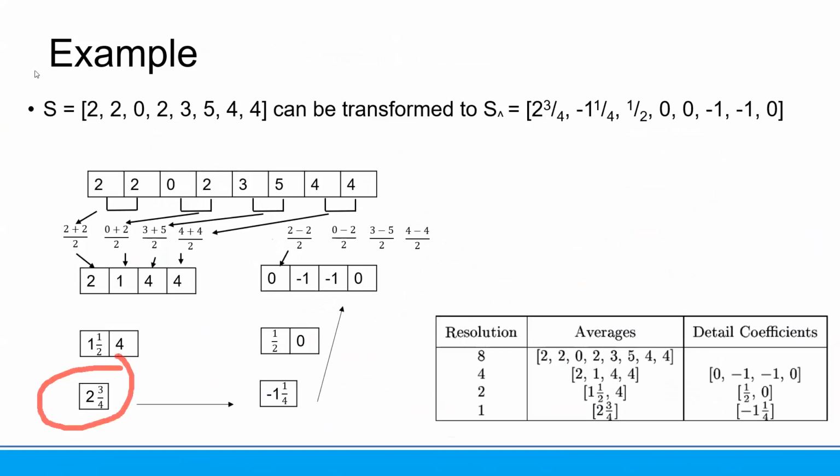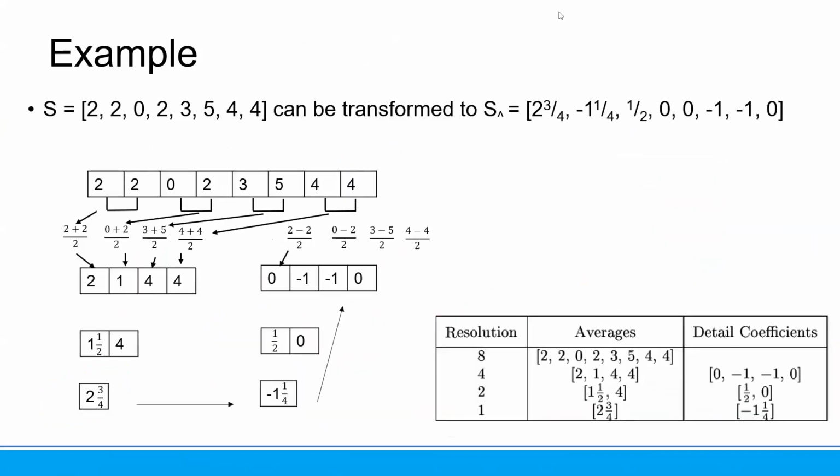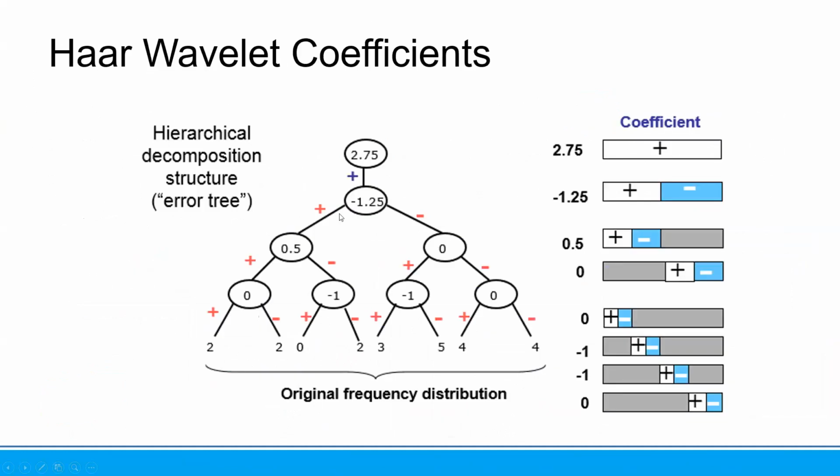Okay. And then minus 1.25. It is minus 1.25. And then we have half. We have half, 0, and then 0, minus 1, minus 1, and 0.